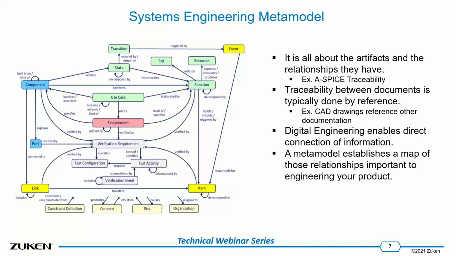What digital engineering really enables is the connection of that information through those types of hyperlinks. And by embedding them in the data model and in the overall data files, you're able to click those links and transfer information directly. And it doesn't matter which side of that link you're on.